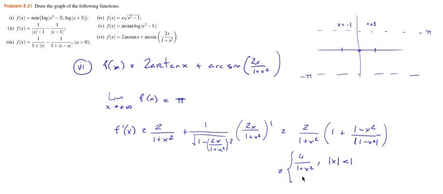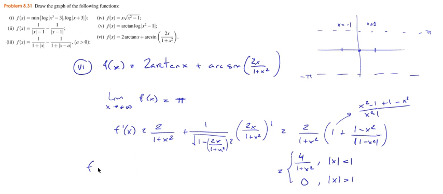When the absolute value of x is greater than 1, the absolute value becomes x squared minus 1, and so you have to sum: x squared minus 1 divided by x squared minus 1, plus 1 minus x squared. Then this parenthesis becomes 0, so the derivative is 0. So there's a discontinuity in the derivative, and you have a 0 here at 1 and a 0 here at minus 1.